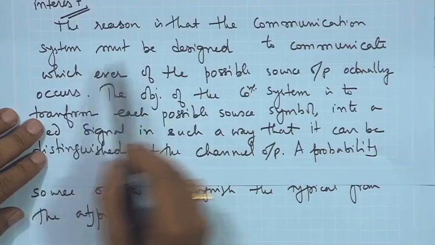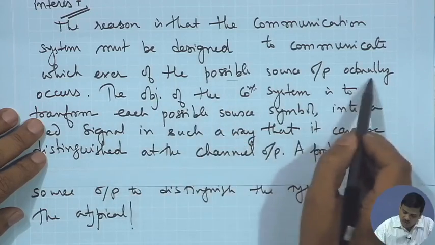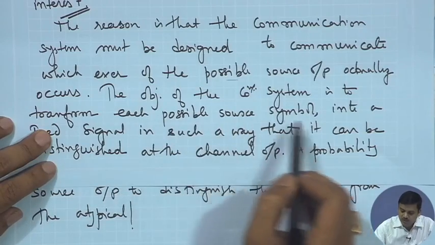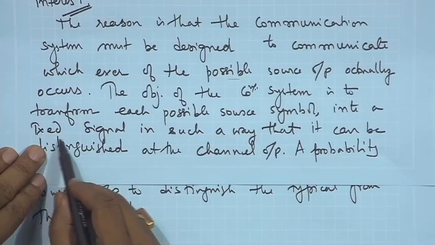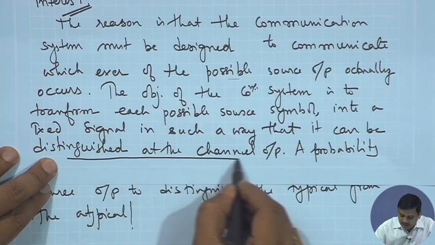The objective of the communication system is to transform each possible source symbol, that means the 0 or the 1, into a particular waveform. That is what we have said earlier, but now we are refining it in a little bit better way, so that the transmitted signal can be distinguished at the channel output.